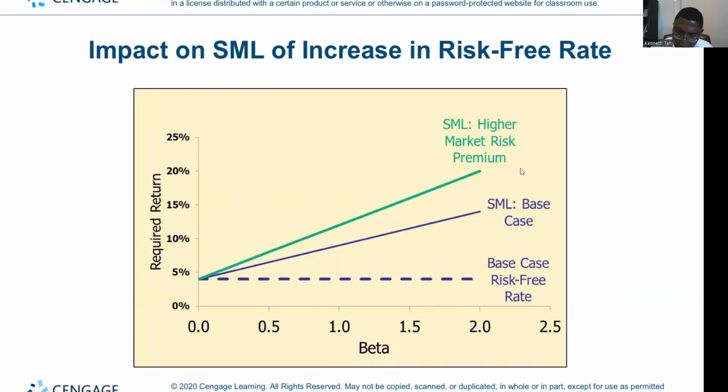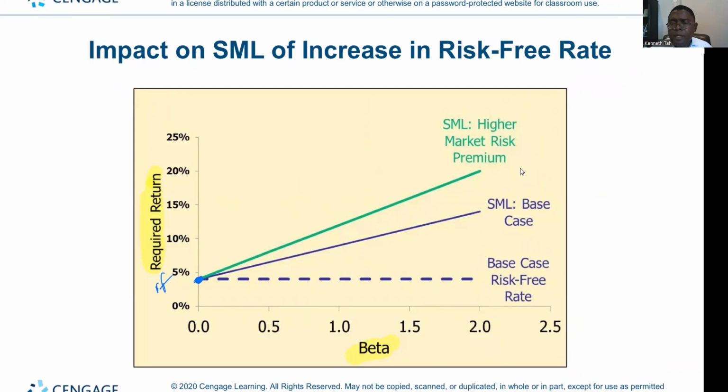It is a relationship between the beta coefficient and the required return. We start with the risk-free rate, RF, which is somewhere on this y-axis.